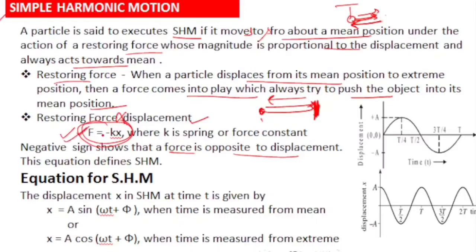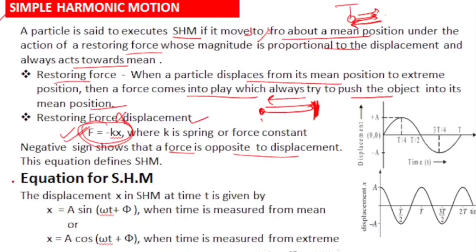If this equation is satisfied by any particle, then that particle executes simple harmonic motion. It moves under the action of a restoring force whose magnitude is proportional to displacement and it always acts towards the mean position. So this is about simple harmonic motion.